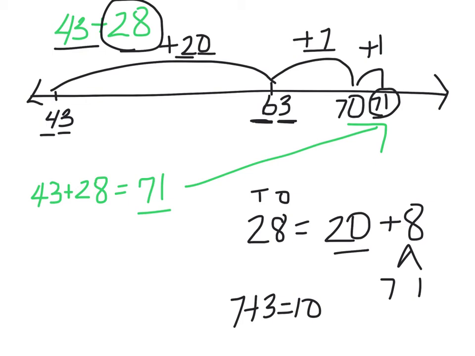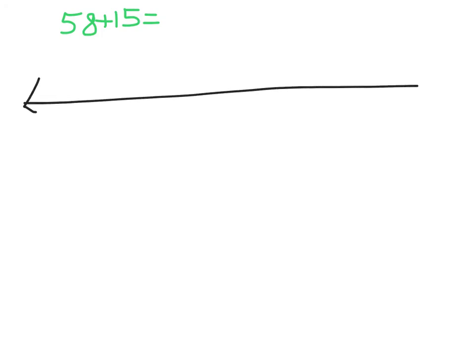Let's try one more, counting by tens and ones, and using the number line just to show how the counting strategy works. So here we have 58 plus 15. So here is a number line just to illustrate for you how this counting strategy works.